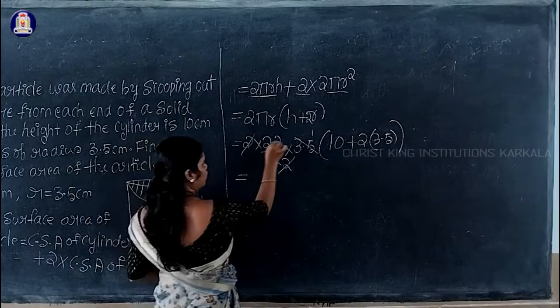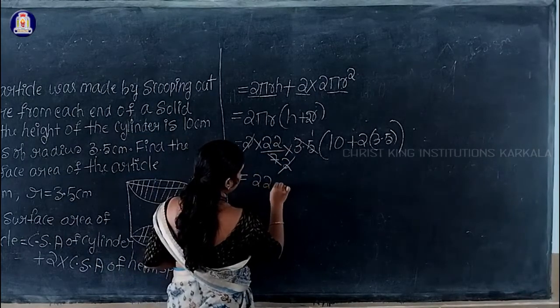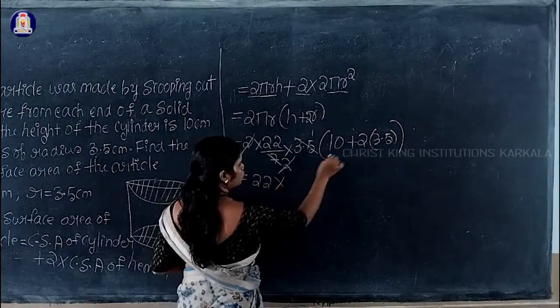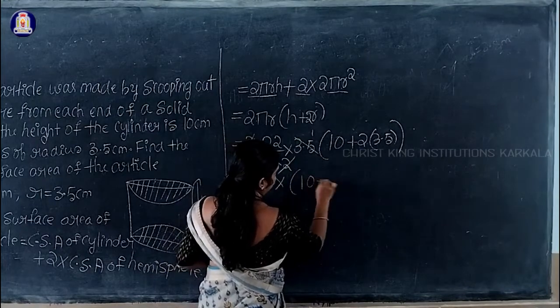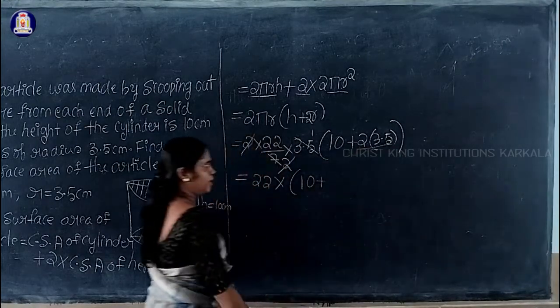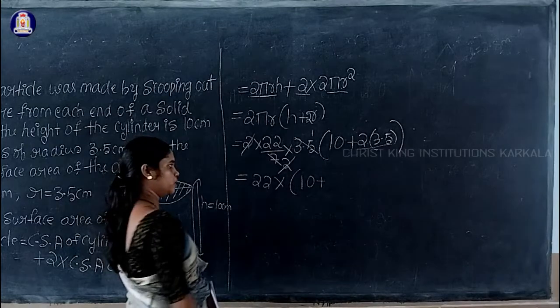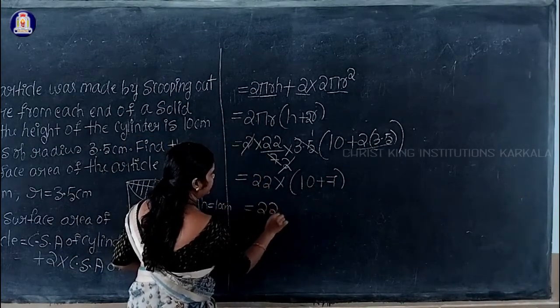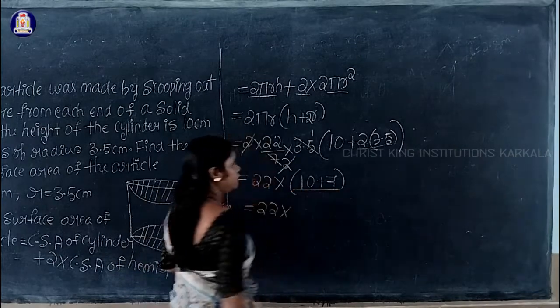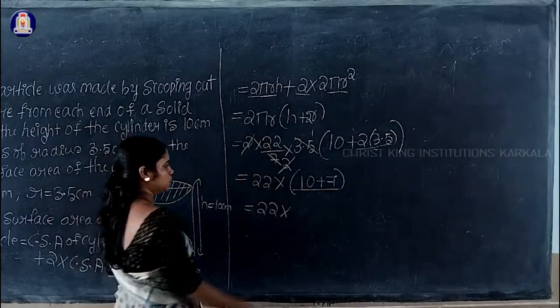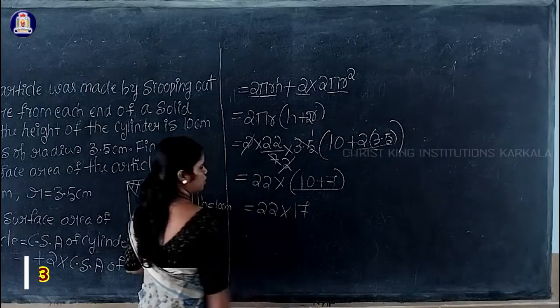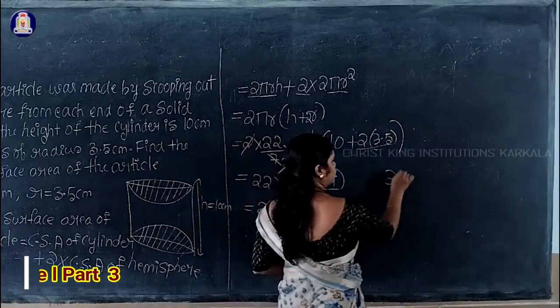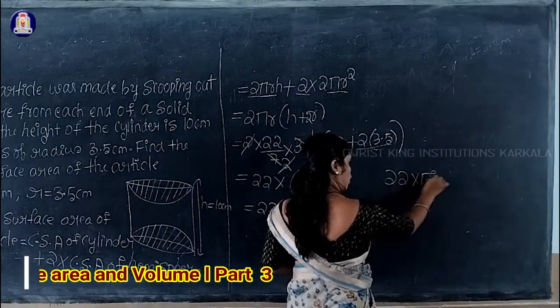What is the remaining term? 22 into, bracket 10 plus 3.5 into 2 equal to 7, isn't it? So 22 into 10 plus 7 equal to 17.